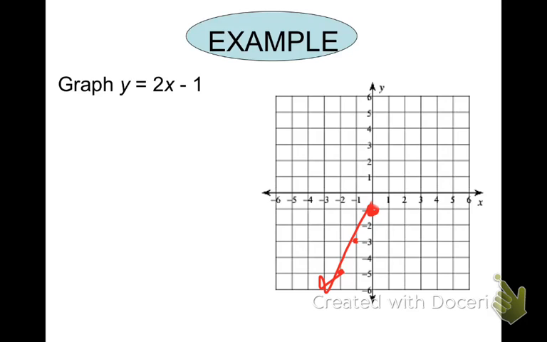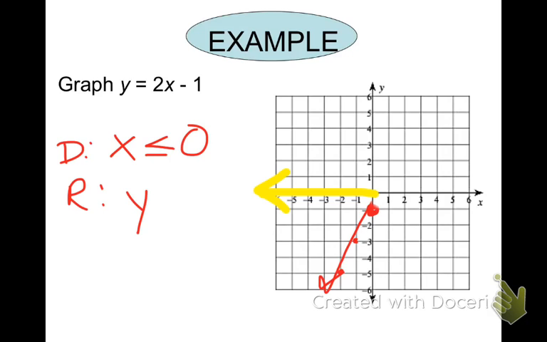Now what's my domain? -1. Think x. X-axis. Yeah, it's all real numbers, so going smaller to 0. So if I had to write this out, it would be everything less than or equal to 0, right? For my domain. Right, your range would be y is less than or equal to -1.